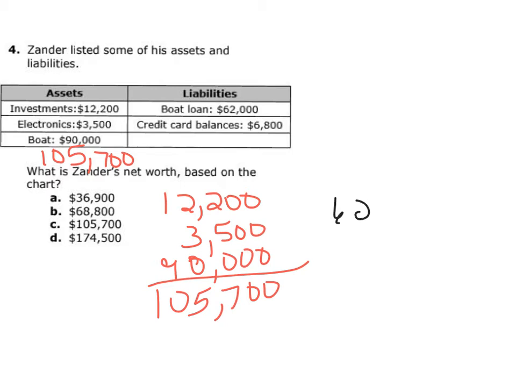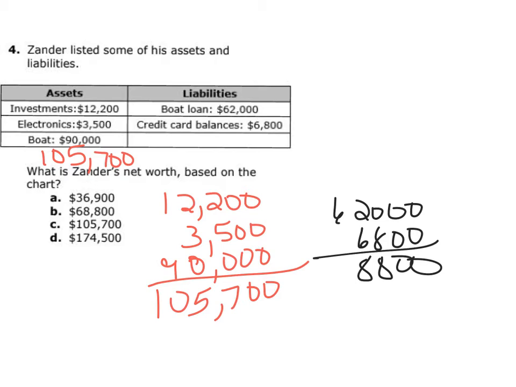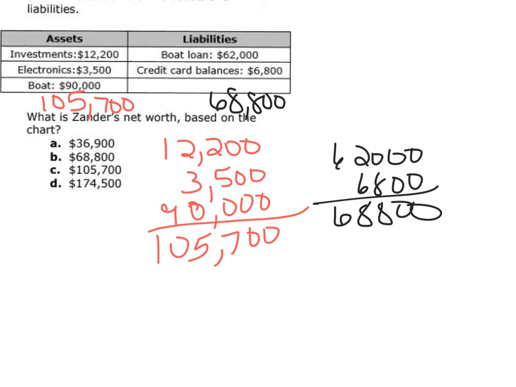Now we're going to add the liabilities. 6 plus 2 is 8, and then bring down the 6. So the liabilities are 68,800. Now I'm going to subtract them.